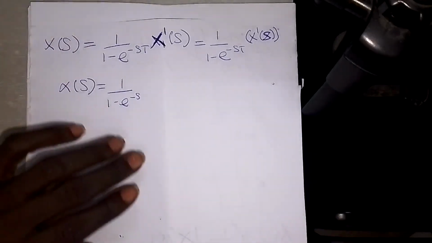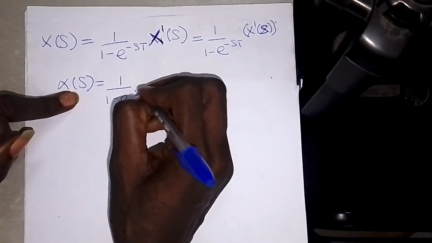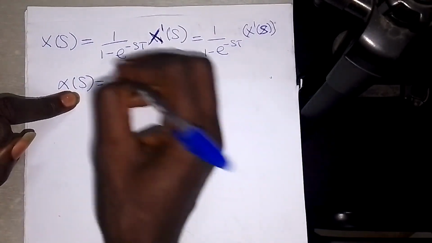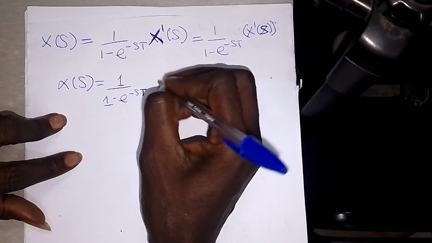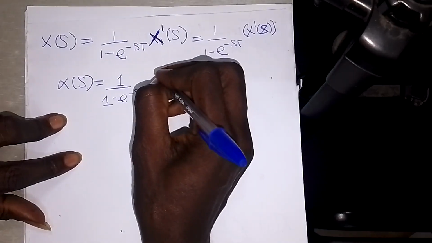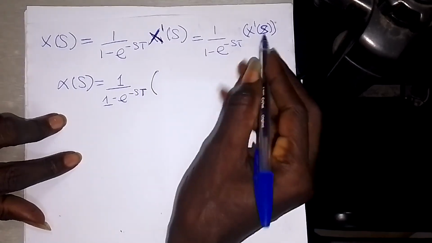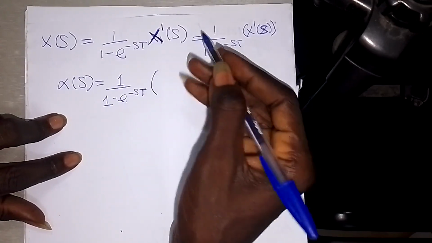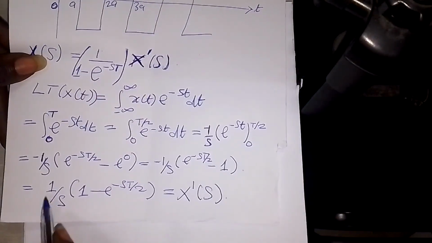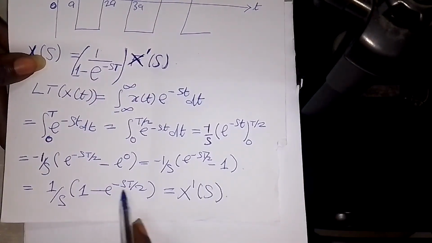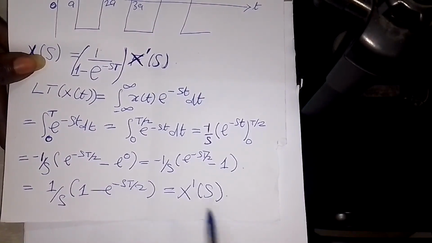So here it's going to still remain as T here. This space is 1, this space is 1, into s prime. So what is the s prime here? The s prime, what I got here, was 1 over s into 1 minus e to the minus st on 2.